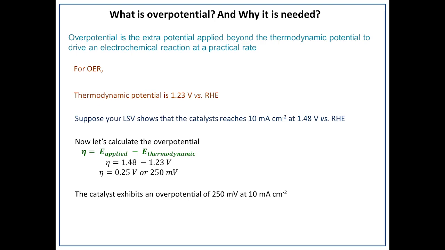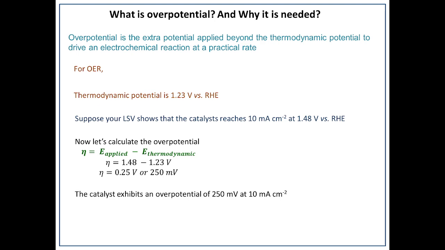Why do we need an additional potential? If water splitting starts at 1.23 volt, then why are researchers applying 1.5 or even 1.6 volt? If you have had these questions, don't worry, by the end of this video, you will understand not only how to calculate overpotential, but also why it exists.